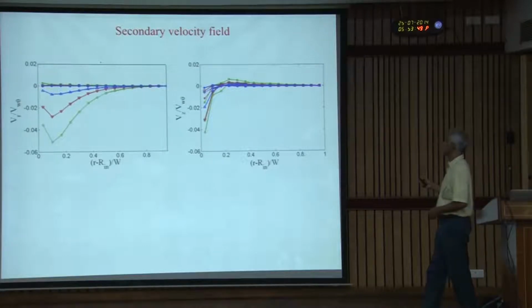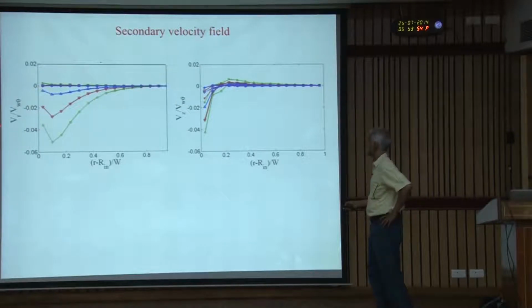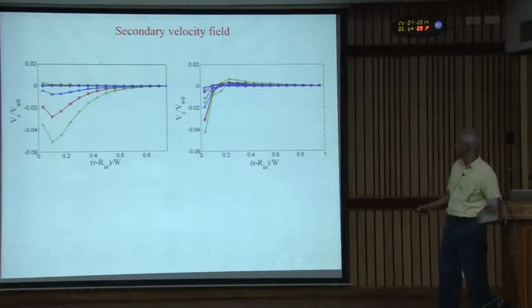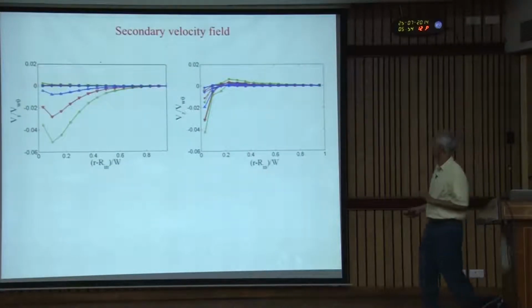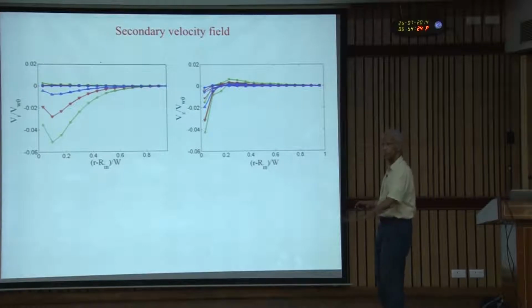And so this is what a secondary velocity field looks like, if you want radial and azimuthal velocity. So radial velocity, inward velocity of the particles, is negative. Please ignore all the colors and just look at the green lines. The green lines are at the free surface, and then as you go further in, it rapidly goes to 0 deep down.